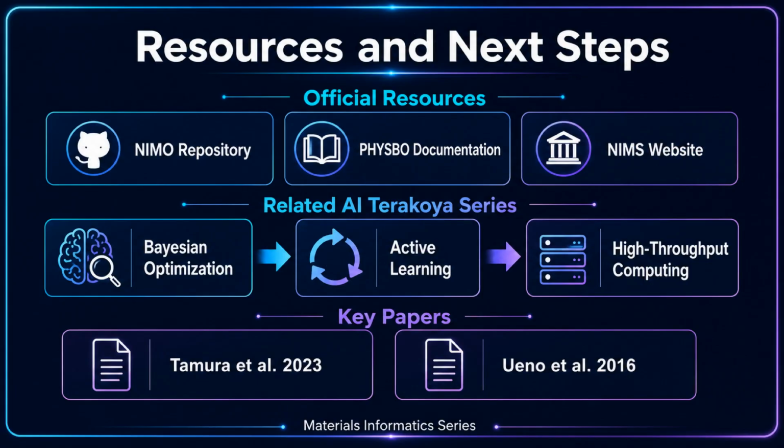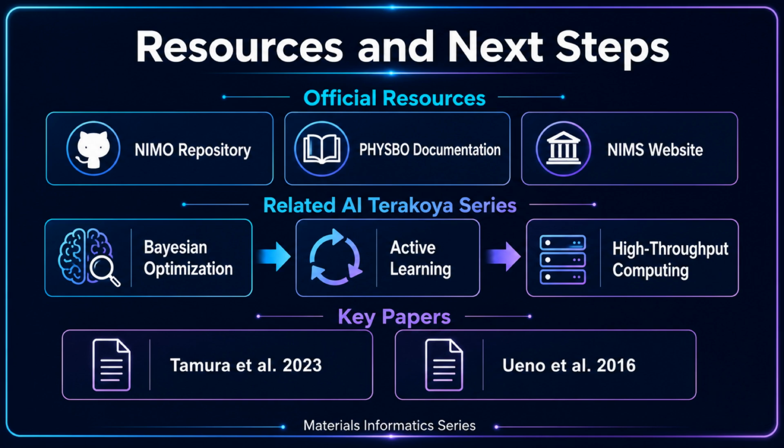To continue your NIMO journey, here are the key resources. The NIMO GitHub repository contains the source code and example notebooks. The PHYSBO documentation provides detailed guidance on the underlying Bayesian optimization algorithms. The NIMS website offers research publications and case studies from actual materials discovery projects.